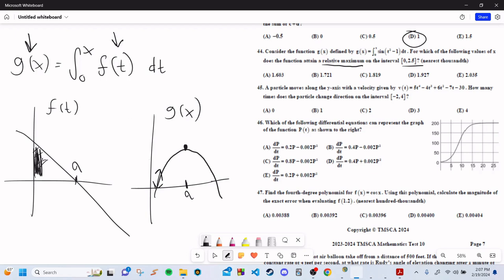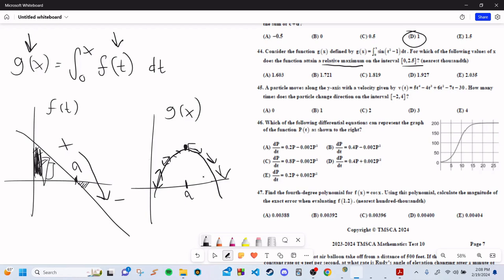But then it's going to start accumulating less area over time, so the slope slowly decreases until we hit a point where f of t crosses from being positive to being negative, and then it starts accumulating negative area, which brings this value of g of x down.